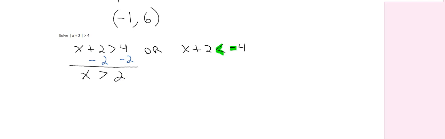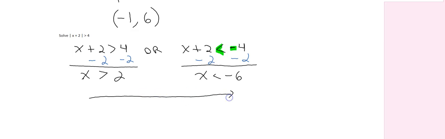And the other side will be minus 2, and in this case, we're going to have x is less than negative 6. Now remember that the fact that we have "or" represents a union between these two equations.